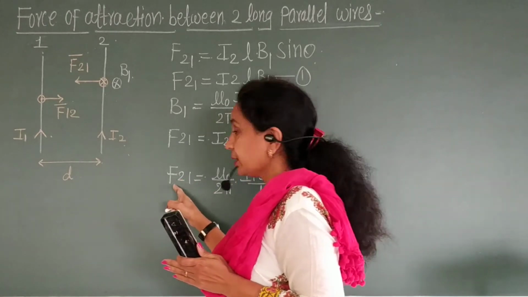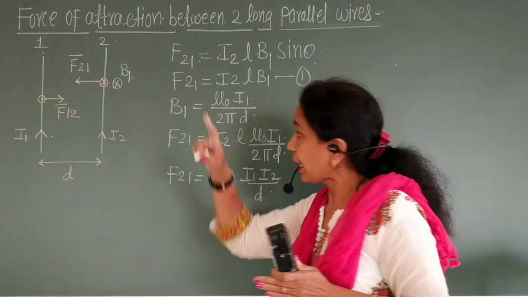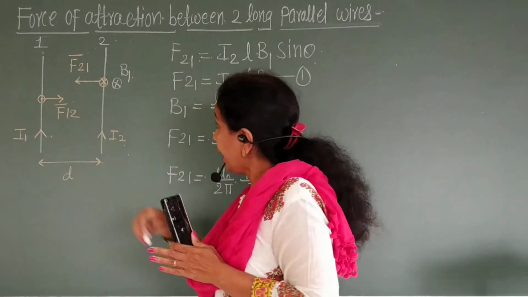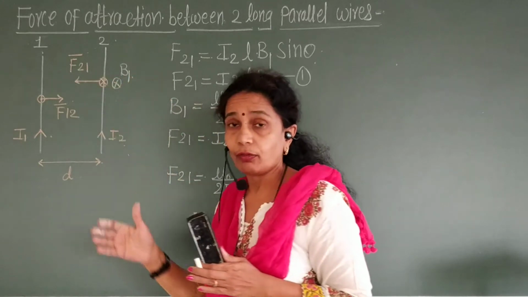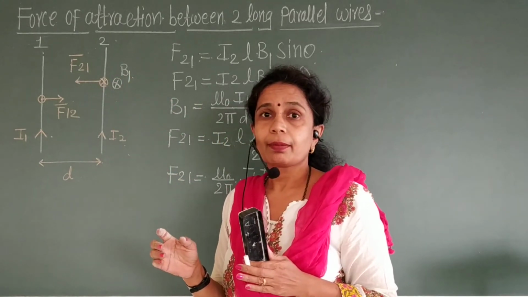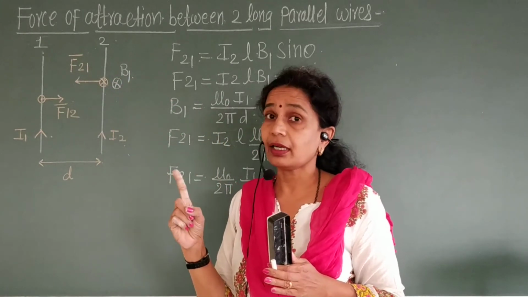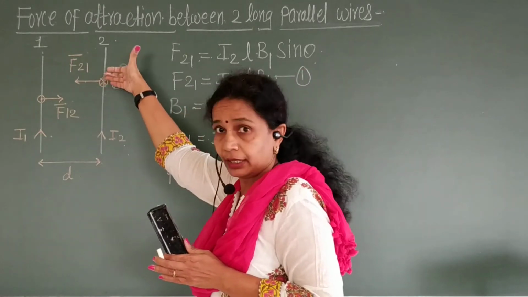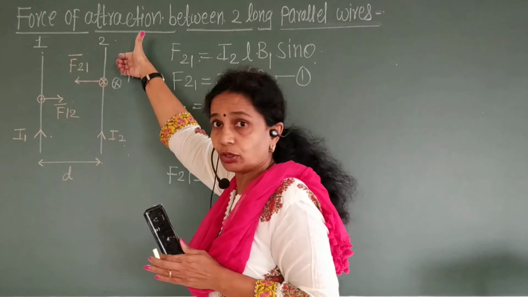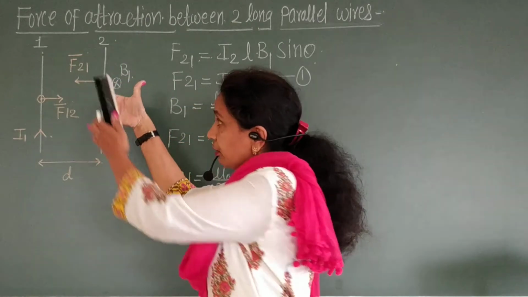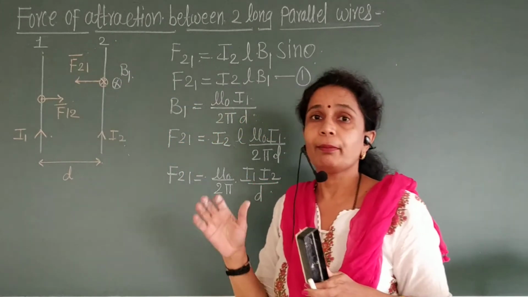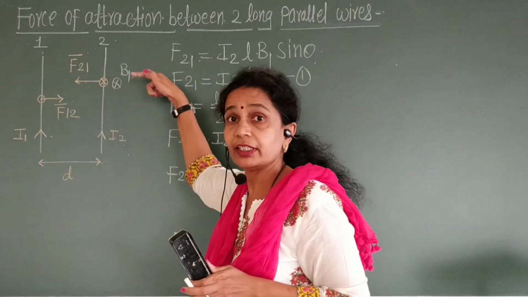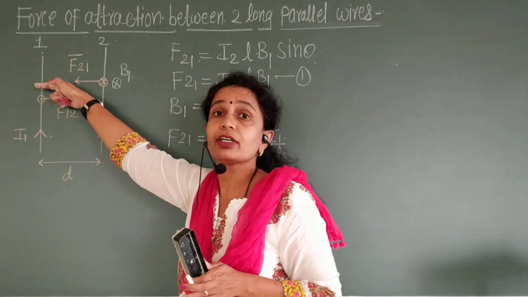This is the value of force acting on the second wire due to the first. The direction of magnetic field is given by the right hand rule. If this is the direction of current, then the curled fingers give the direction of magnetic field. Therefore it is inwards, and the direction of force is towards the first wire.